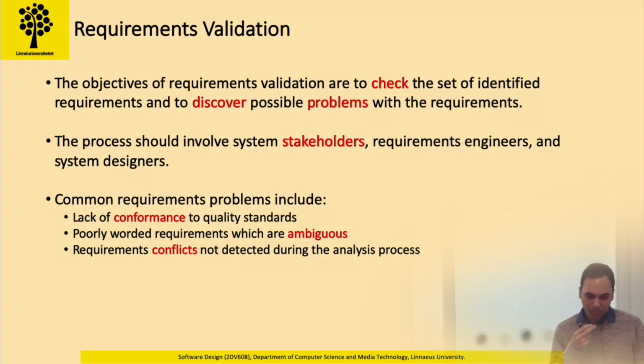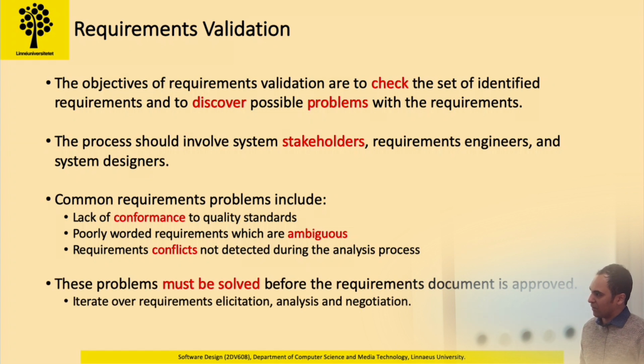So these are the more common problems that we can deal with during the requirements validation phase, like if they conform to the quality standards, if they are still ambiguous, or if there are still any conflicts that exist after the requirements analysis phase.